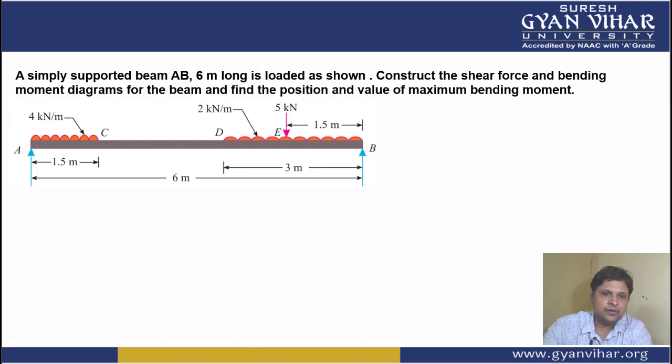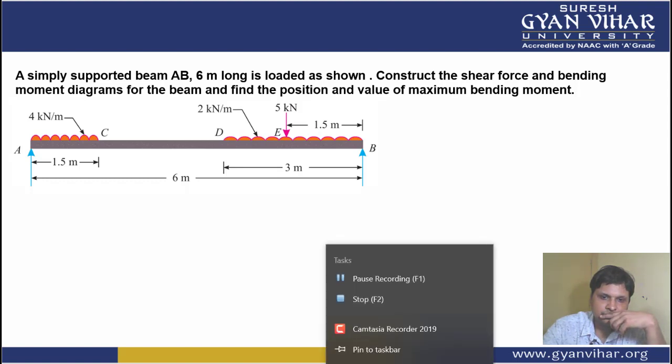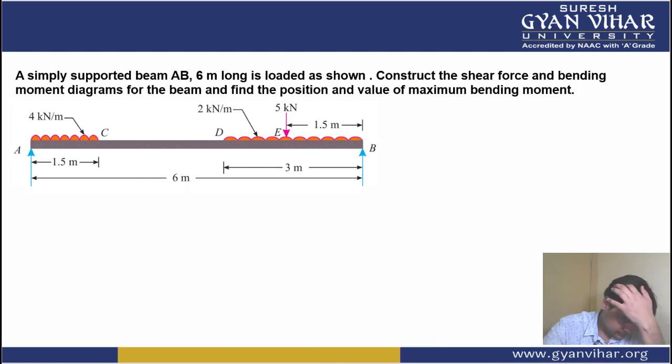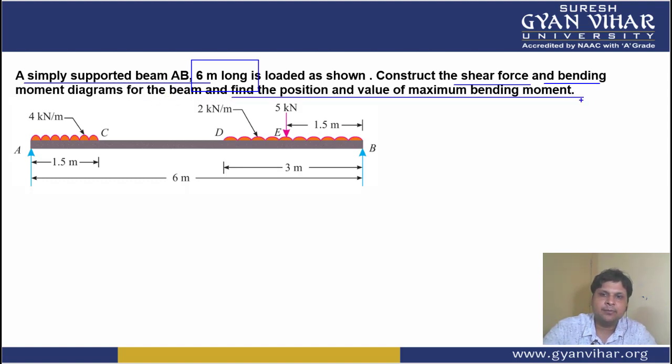Now taking one more example, students. In this example, you can see that there is a simply supported beam AB whose length is 6 meter, and we have to draw the shear force diagram and bending moment diagram for the beam, and we also have to find the position and value of maximum bending moment.